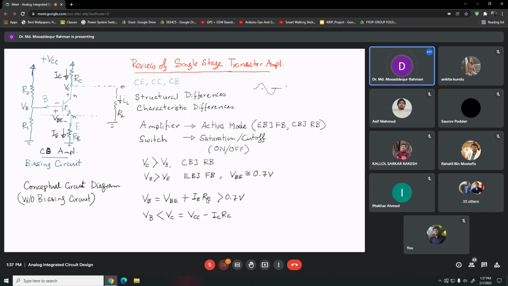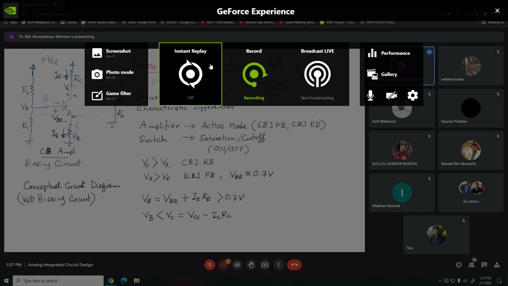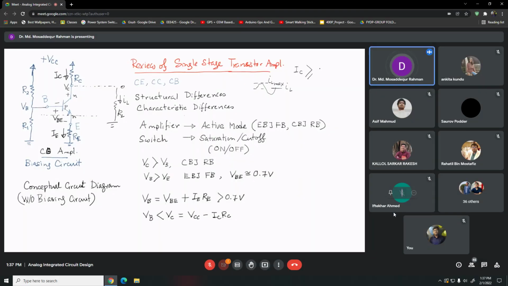Let's say this is our IL, right? So it will have a maximum value, IL max, right? Then you have to ensure that IC, the DC collector current, should be larger or at least equal to the maximum value of the load current.